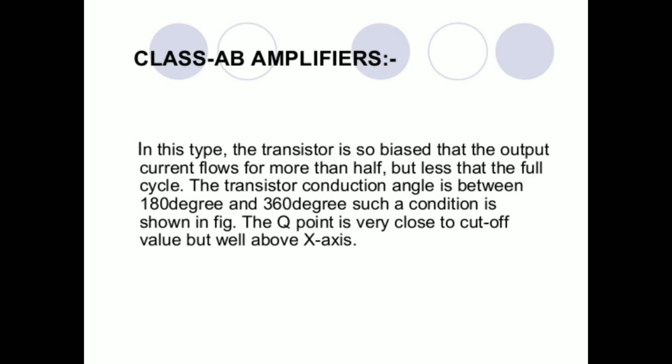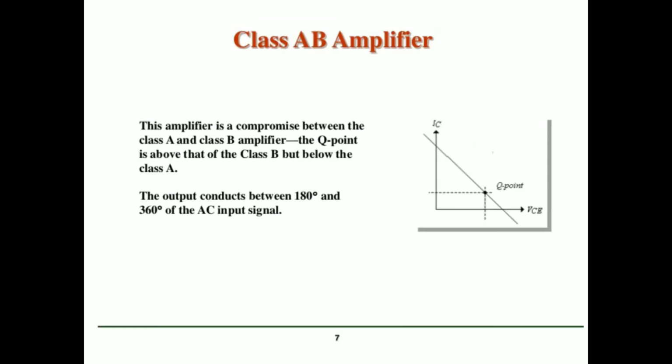cycle, and in the class AB amplifier, the Q point, quiescent point, is very close to the cutoff point, but a little bit above the x-axis on the DC load line. So here we can see this amplifier is basically a compromise between the class A amplifier and class B amplifier. In case of class A amplifier, the Q point was lying in the middle of the load line, and in case of class B amplifier, it was lying in the cutoff region.